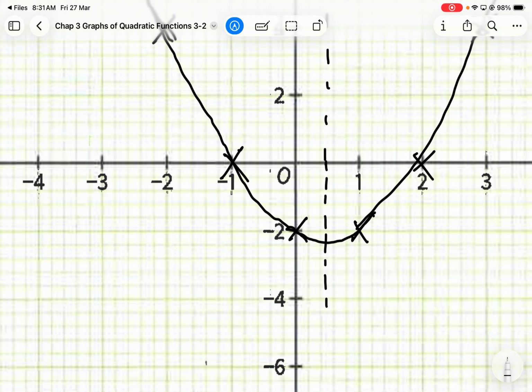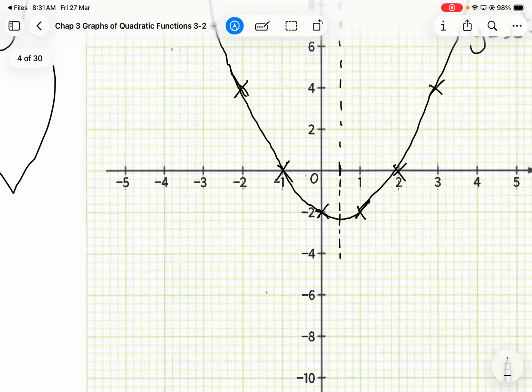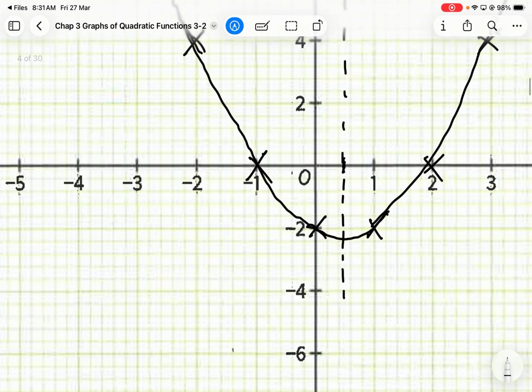That means the middle must be in between these 2 points. So this one is 0, this one is 1. That's why the middle is at 0.5. Because of the mirror, it will be directly in between. So we take 0 plus 1 divided by 2, we get 0.5. So this point here is actually 0.5. Then do you all still remember what is the equation of a vertical line?